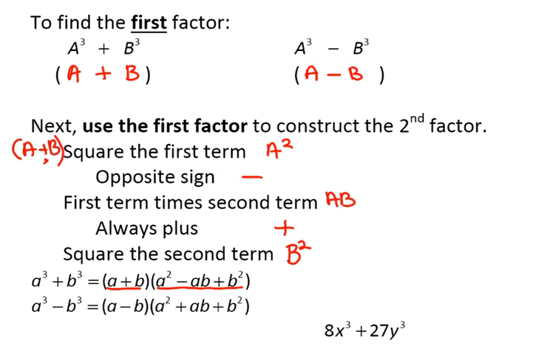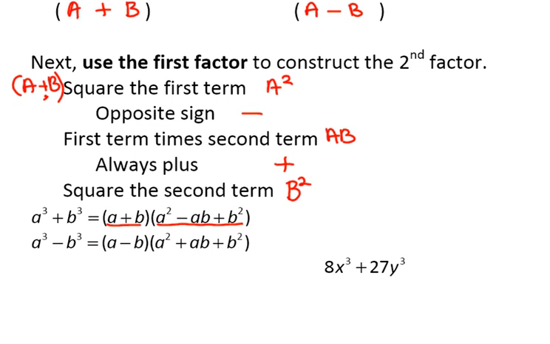Notice there are three terms in this. Note, it does not factor into a plus b times a plus b times a plus b. That's an automatic wrong answer. And if I have a cubed minus b cubed, I'll start with a minus b, and I'll square the first term. The opposite sign now is going to be a plus, so notice that the two are different at that point.